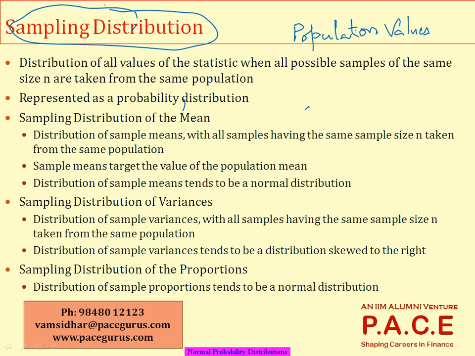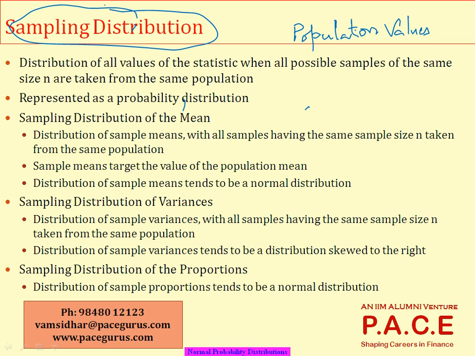If I take a good proportion of those different combinations, and for each combination note down its sample mean or sample standard deviation or sample proportion, and based on that identify the probability distribution or frequency distribution of those sample means or sample variances, such a probability distribution is what is called the sampling distribution.